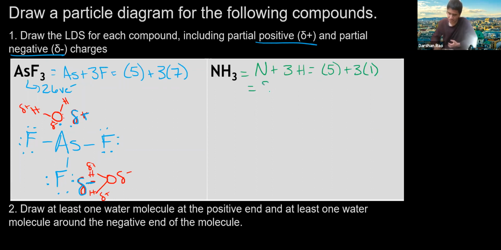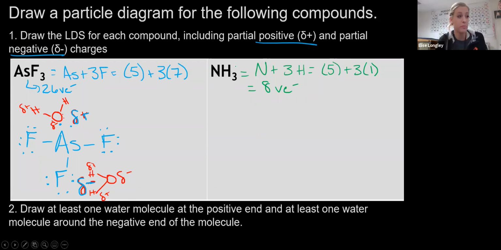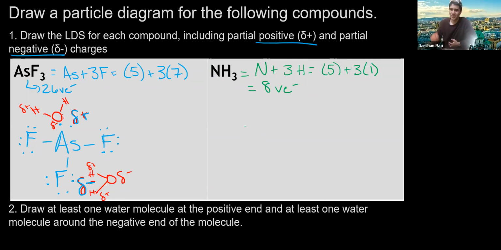So that's a total of 8 valence electrons. And then for the molecule, hydrogen can never be in the middle, right? Right, because it can only make one bond. So the N goes in the middle, and then 3 H's around the N, and then 3 bonds from each end, and then 1 lone pair on the end. So that makes 8 valence electrons.